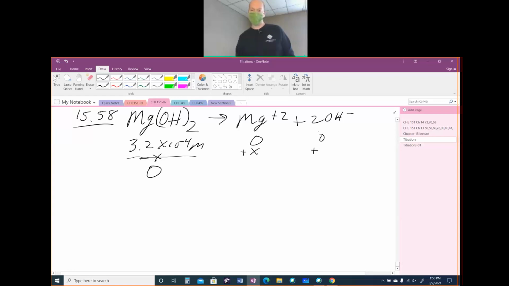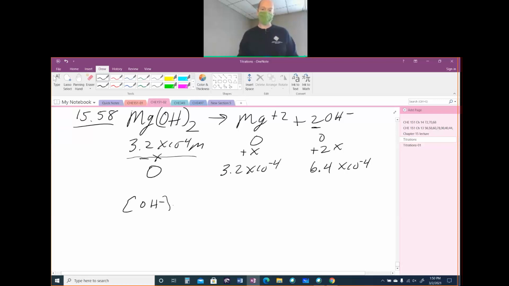It is the plus 2, the coefficient of 2x. All right, and so this is 3.2 times 10 to the minus 4. This is 6.4 times 10 to the minus 4. And so your concentration of OH minus is equal to 2x, which is equal to 6.4 times 10 to the minus 4 molar.